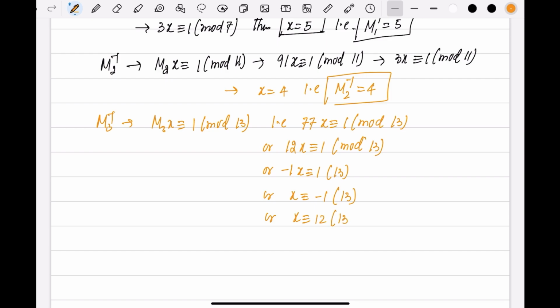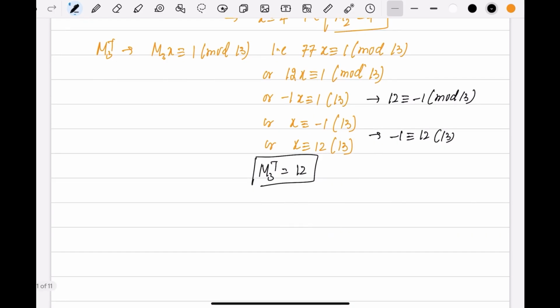At this stage we have used that 12 is congruent to minus 1 mod 13. Now we shift this minus 1 onto the right hand side, and minus 1 is congruent to 12 modulo 13. So x is equal to 12, that is m3 inverse is equal to 12. Or we can even use minus 1 in our calculation.